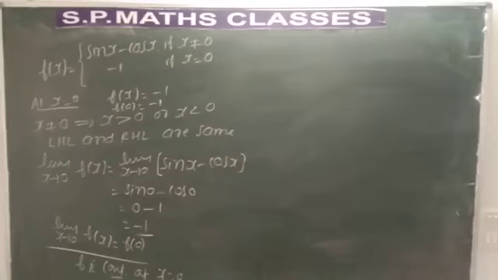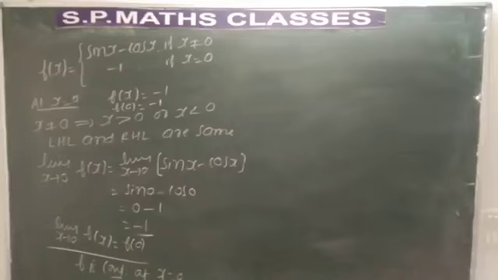So when we take limit as x tends to 0, f of x, limit as x tends to 0, sin x minus cos x, apply the limits. Sin 0 minus cos 0, sin 0 is 0, whereas cos 0 is 1. Hence it is minus 1. Limit as x tends to 0, f of x will be equal to f of 0. Hence we conclude f is said to be continuous at x is equal to 0.